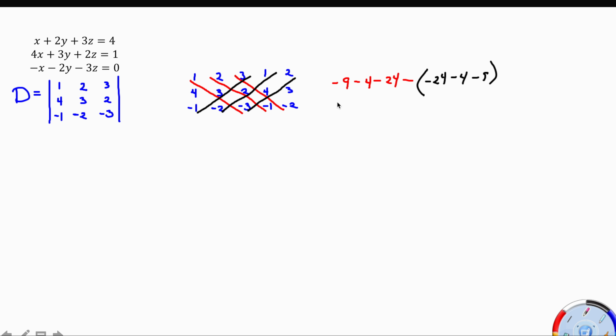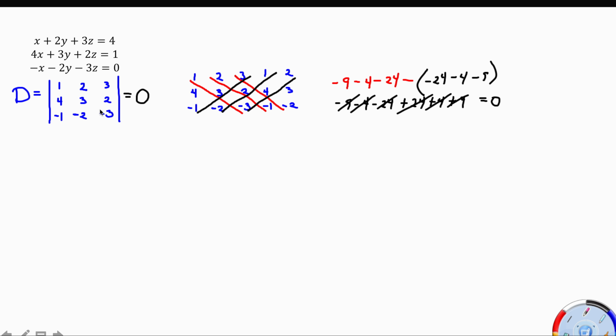Okay, I see that this one will be a lot easier to add if I distribute that negative, because look what I have. Plus 24 plus 4 plus 9 minus 9 plus 9 minus 4 plus 4 minus 24 plus 24 equals 0.